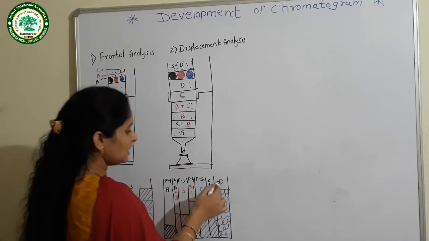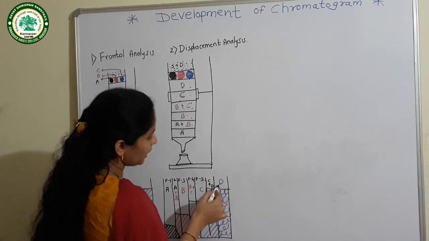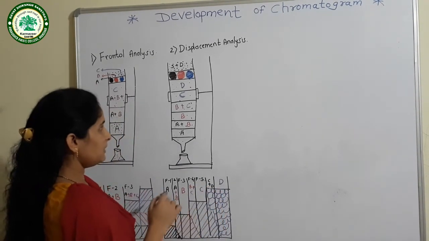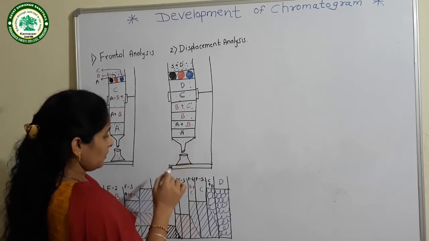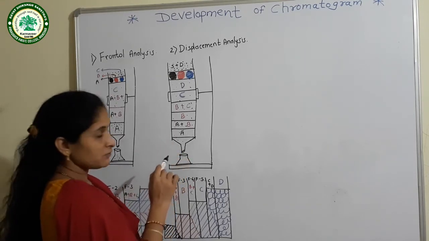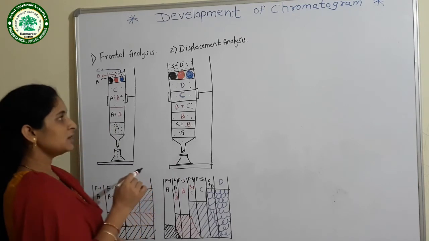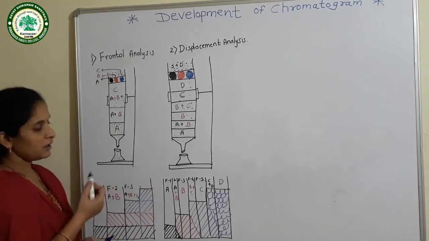Displacing agent, and at the last we get a pure displacing agent, means we get the mixture of the components as well as pure components. Therefore this method is also rarely used.